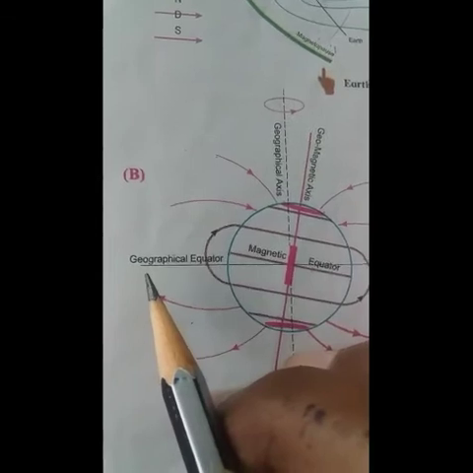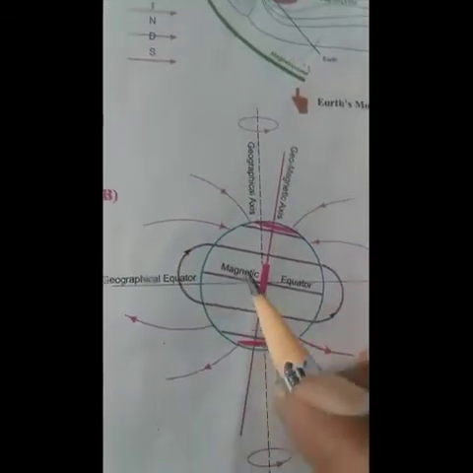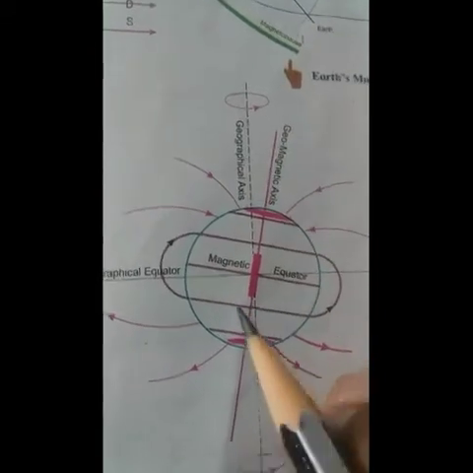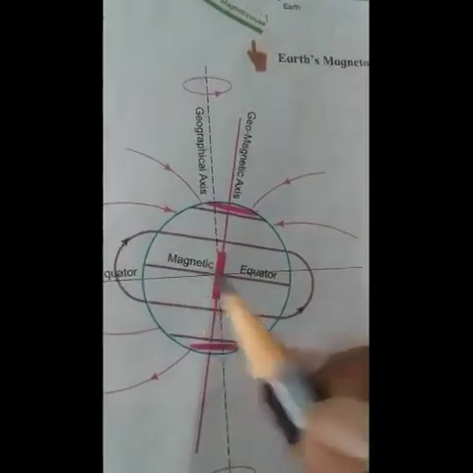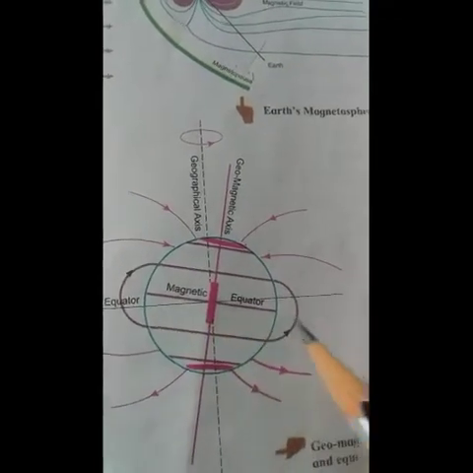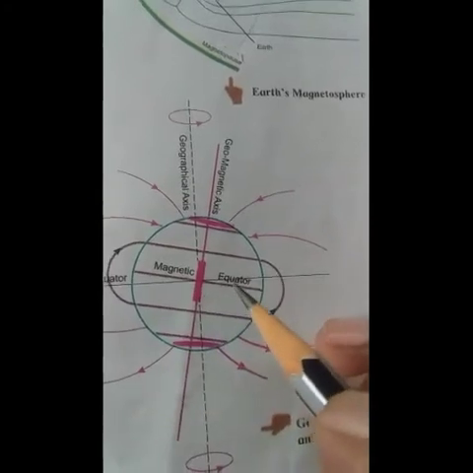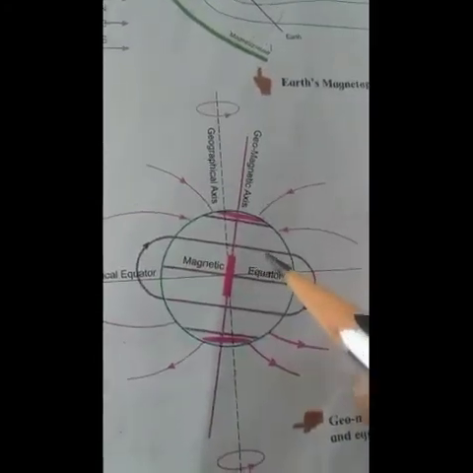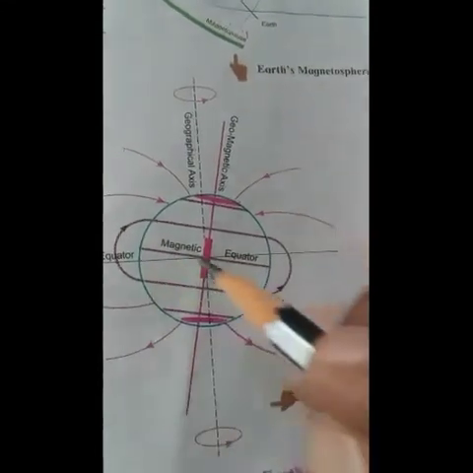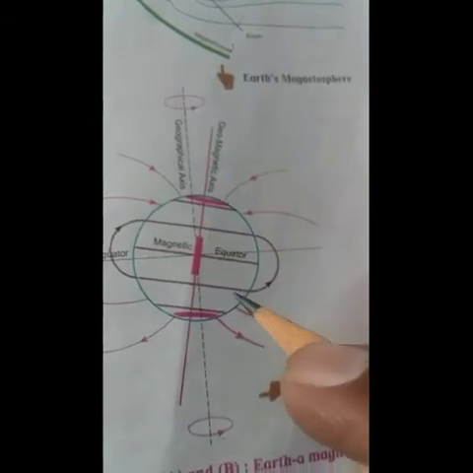And see, this is a geographical equator. This bisects Earth into two parts, and this is a magnetic equator. The magnetic equator is defined as the line around the Earth where the magnetic field is horizontal or parallel to Earth's surface. It does not circle the Earth as the geographical equator does.